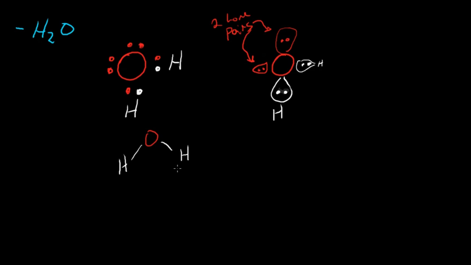Do you see how the hydrogens won't be in a straight line? No matter where they are, they're always going to be at this angle away from each other while they're attached to the oxygen. Yeah? Okay. This is a bent molecule.